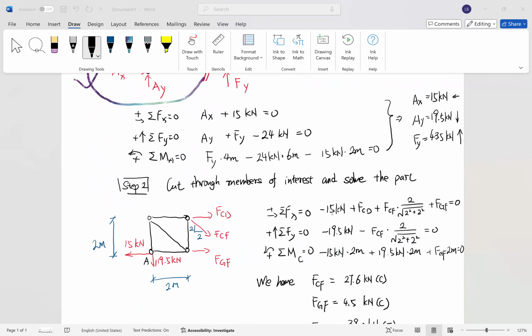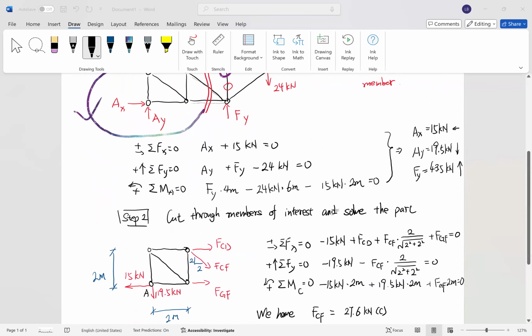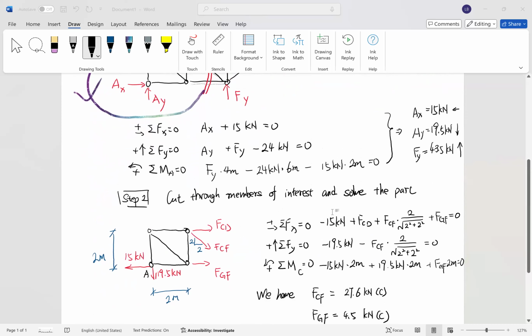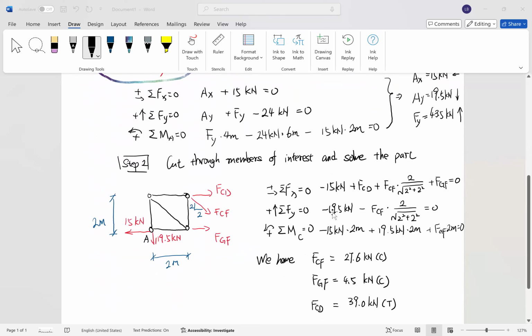Okay, so for the method of section, for each part of the structure, unless the part is a particle, as long as it has a dimension associated with it, it is actually a general rigid body. If it is a general rigid body, then we have 3 equations. That means we can deal with no more than 3 unknowns.